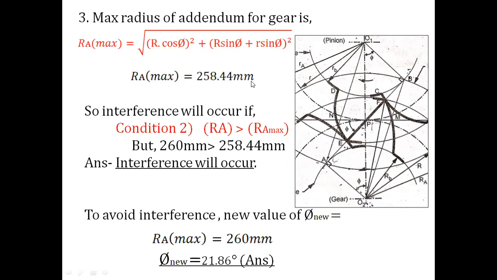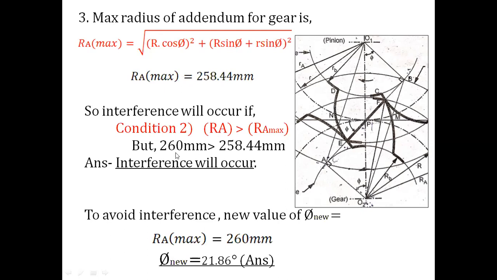258.44 mm. So as per condition number 2, interference will occur if RA exceeds RA max. What is RA?